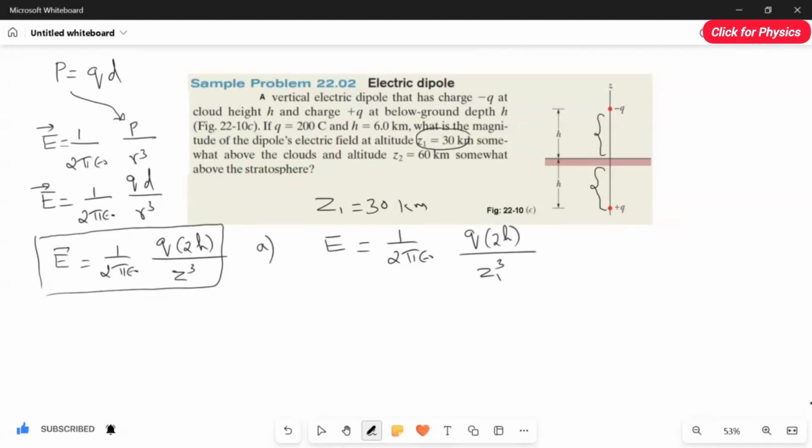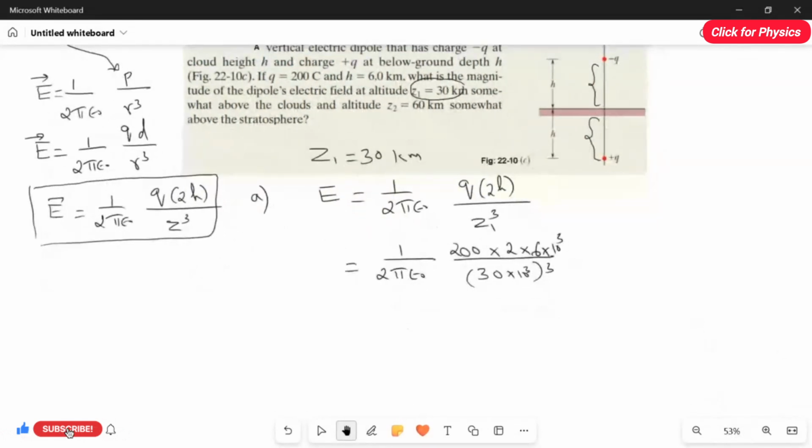Now I'm going to substitute the values. 1 over 2 pi epsilon naught, and the charge value they mentioned is 200. So in place of charge, I substitute 200 multiplied by 2 multiplied by the height, which is 6 kilometer. I have to convert this kilometer to meter, so 6 multiplied by 10 to the power of 3, over z1, which is 30 kilometers, so 30 multiplied by 10 to the power of 3, the whole cube.